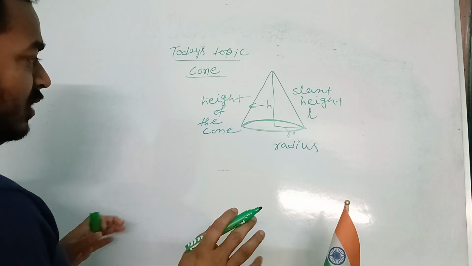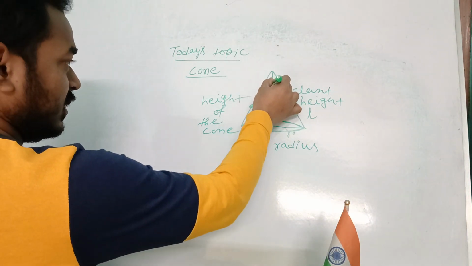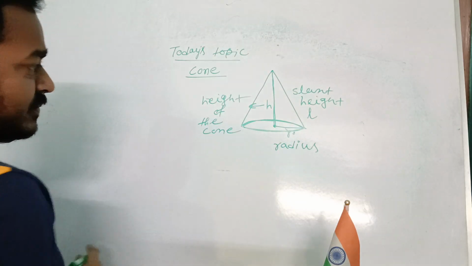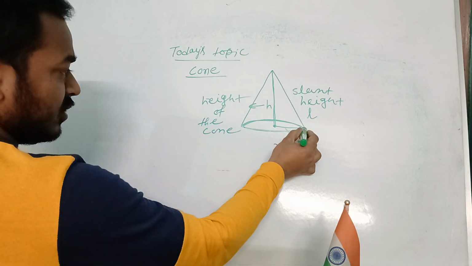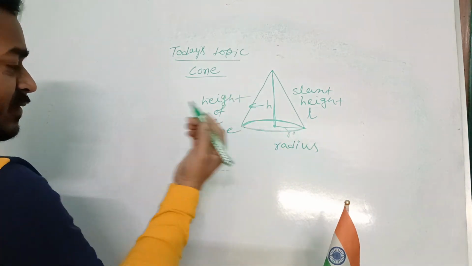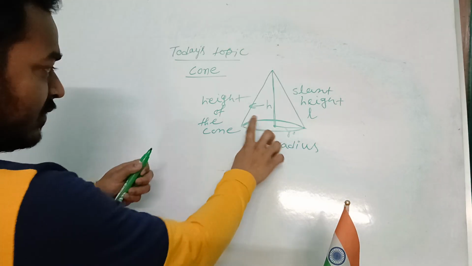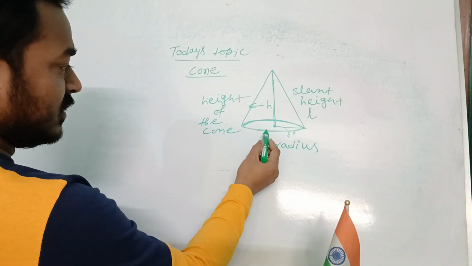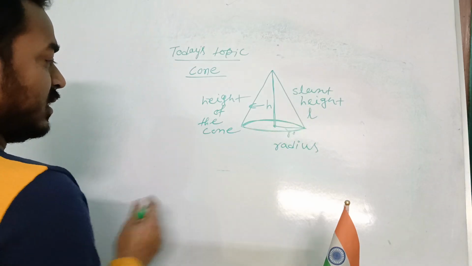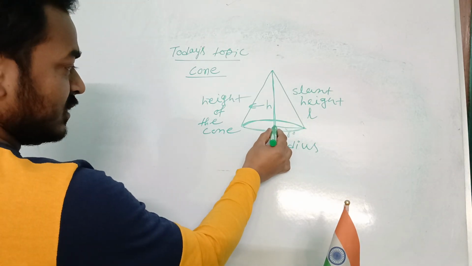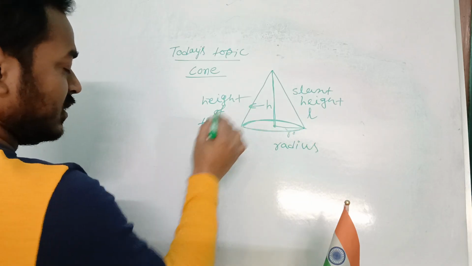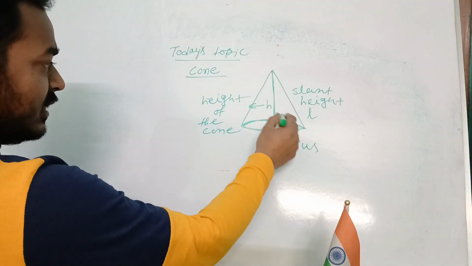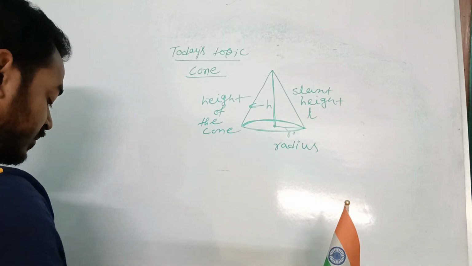Just for our knowledge, we are drawing one height here, from the center to this vertex, and this is one of the points on the circumference. If we connect the center and the point on the circumference, it is the radius. This is the height, and this is the slant height.